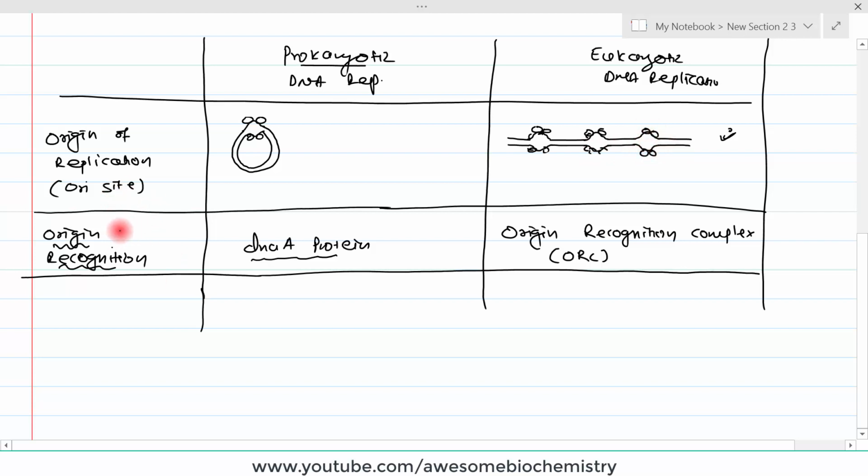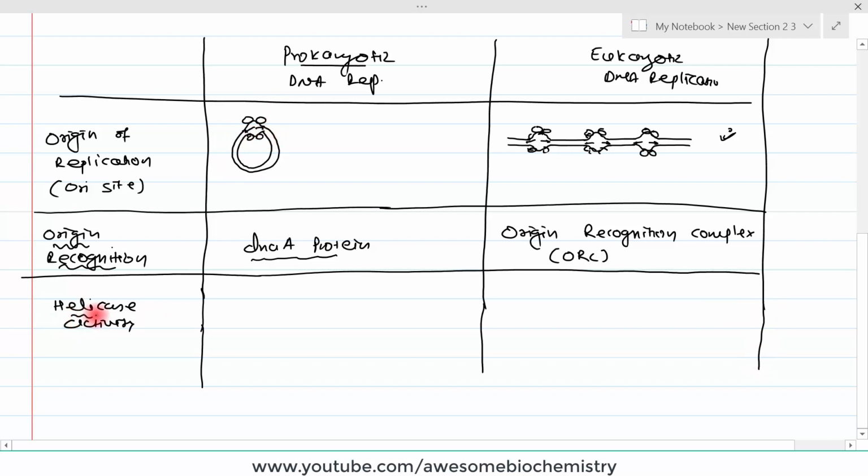Once the replication bubble is formed, it needs to expand in both directions, and that action is carried out by the enzyme known as helicase, or you can call it helicase activity. Helicase works like an unzipper. It will unzip the 2 chains of this DNA.